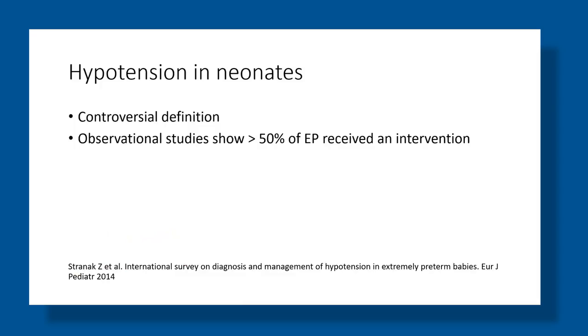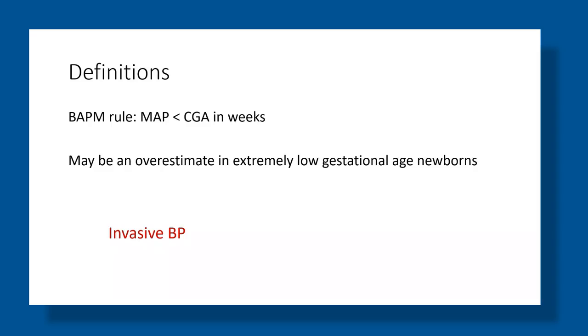However, this definition has been quite controversial because studies have shown that when you stick to that definition and start treating babies depending on that single number of blood pressure, we are going to overtreat a lot of babies unnecessarily.